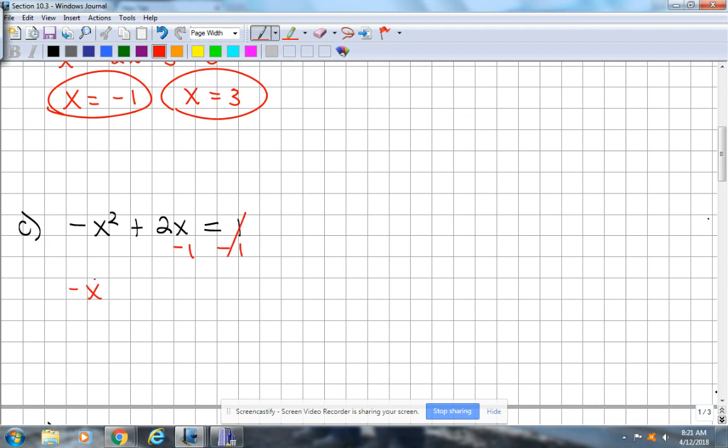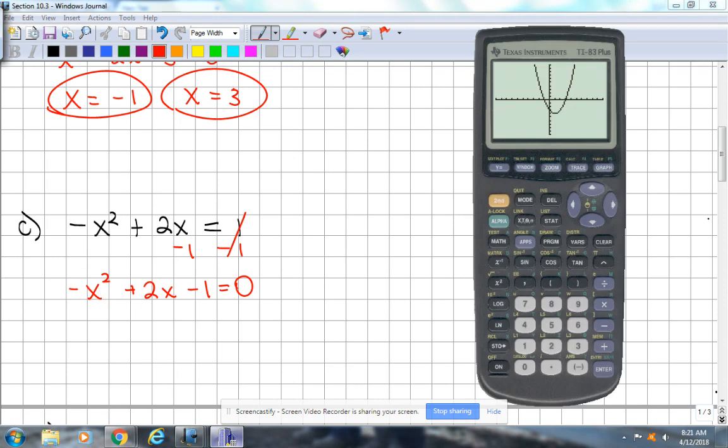So that is negative x squared plus 2x minus 1 equals 0. All right, so then you're ready to go to your calculator. The y equals button over here. Clear it out.